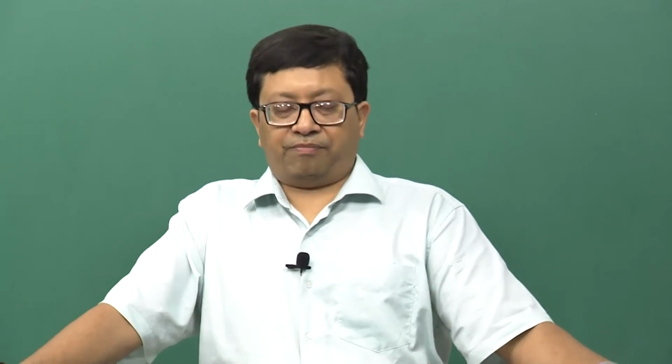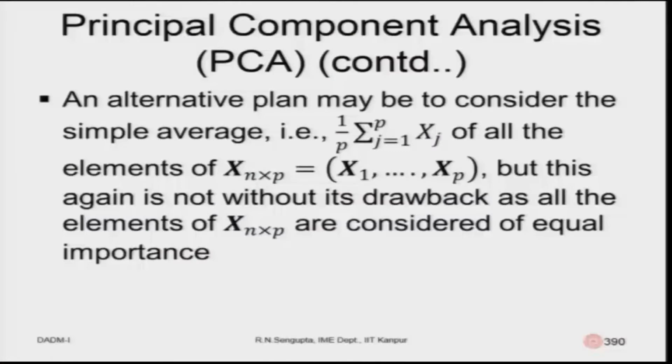So, there is an alternative plan. What is the alternative plan? An alternative plan may be to consider the simple average, that means we find combinations of the variables x1, x2, x3 till xp in such a way that we get some convex combinations of them. We give weightages, and considering there are p variables, the weightage for each would be 1 by p.